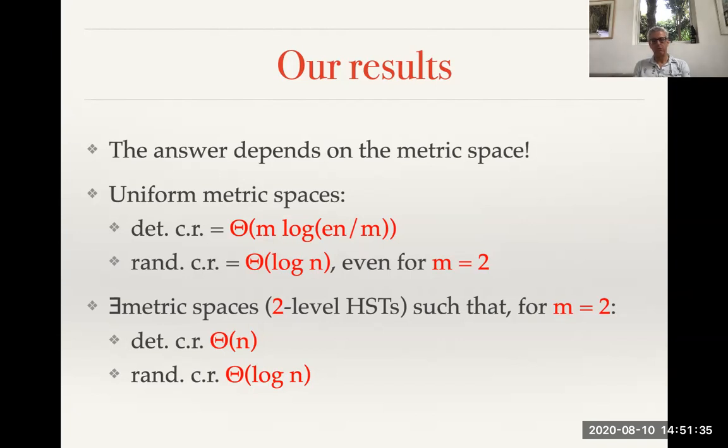So the deterministic competitive ratio strongly depends on this number m, and the upper and lower bound asymptotically is m log(n/m). On the other hand, the randomized competitive ratio, which is known to be log n for uniform metric spaces already from the Borodin-Linial-Saks paper, does not improve even if m equals 2. So with 2 requests for randomized algorithms, the adversary can already force the randomized lower bound.